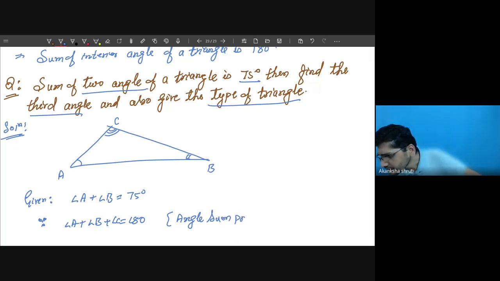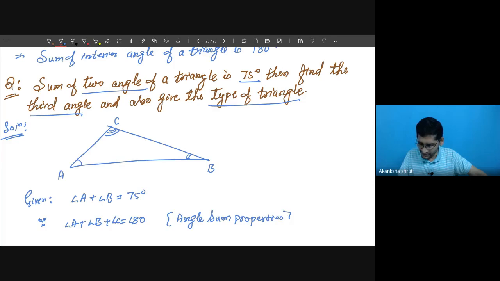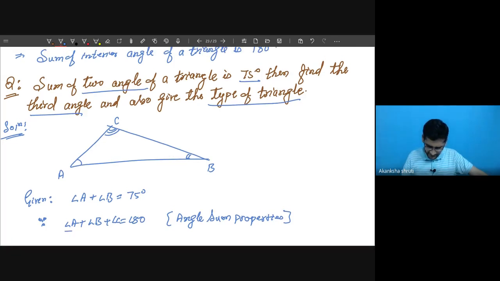Very good. What type of triangle? That also, please post. Now this value you have to substitute. So 75 plus angle C equals 180. This implies angle C equals 180 minus 75.